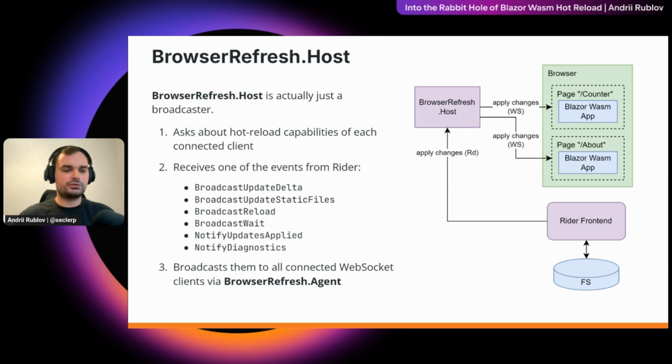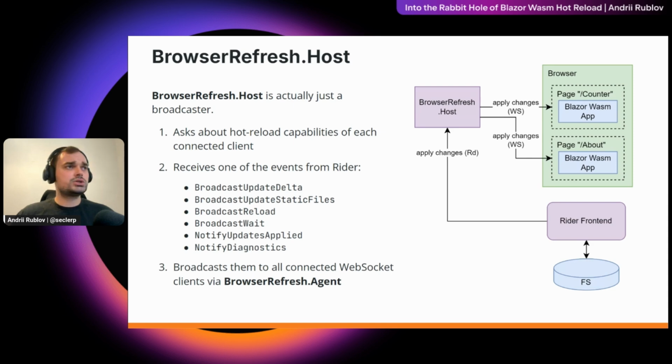So it's actually each running application through this Browser Refresh Host. They have a set of hot reload features, and they are incremented from one release to another. And that's why we should also count this, keeping in mind that some clients can have different features, and they do not always have a one-to-one mapping from the SDK version to the runtime version.